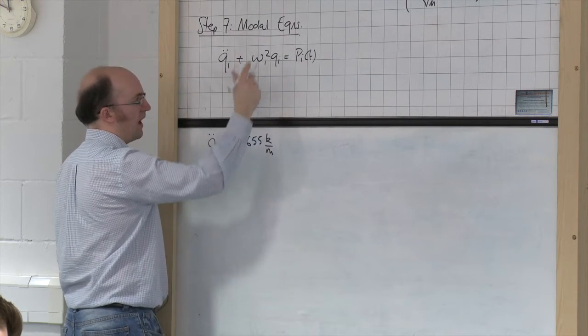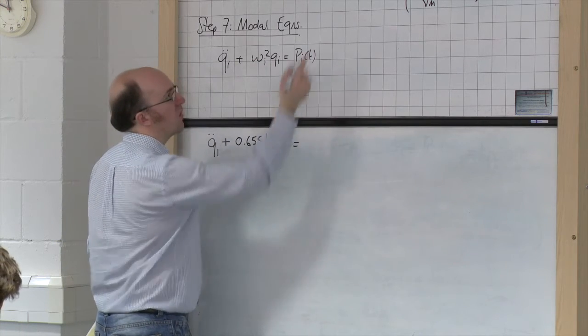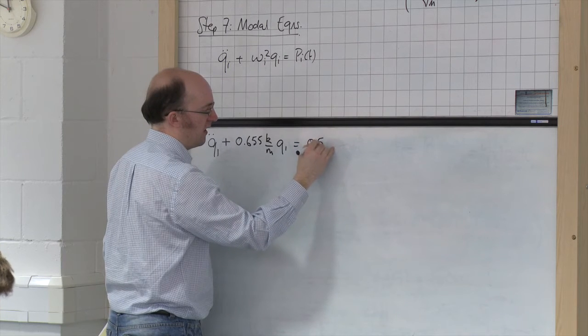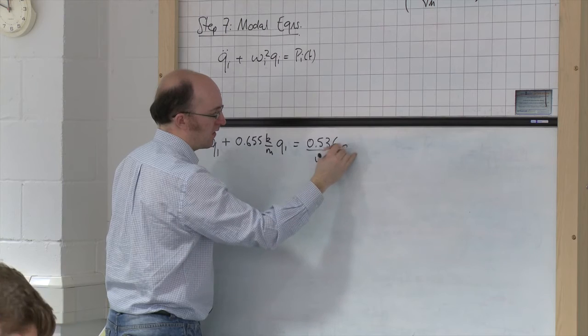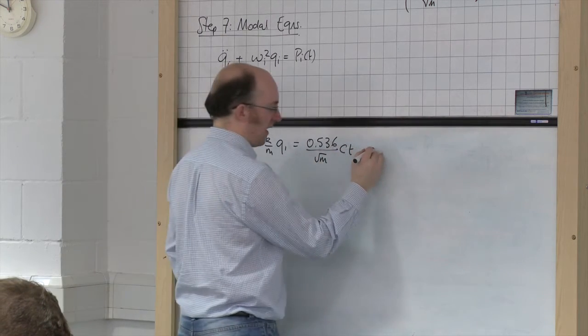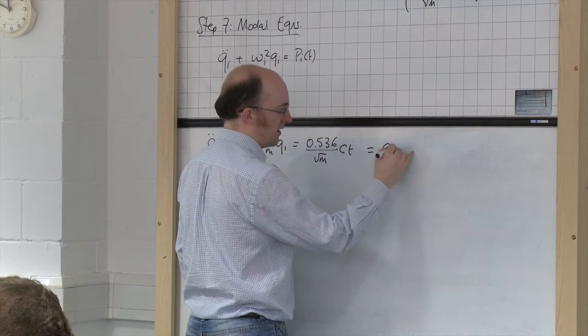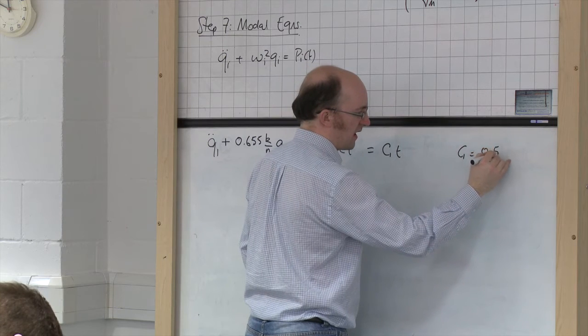Remember that's omega i squared times qi, q1 in this case, equals p1, 0.536 over root m ct. And in this question, I've substituted that to be C1 t, where C1 is 0.536.